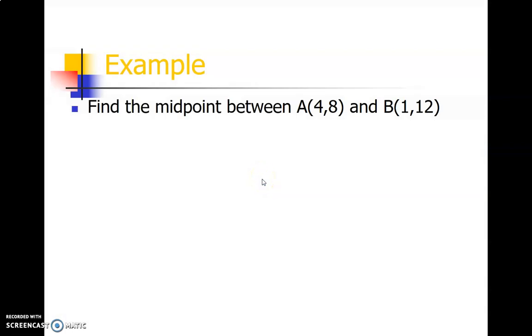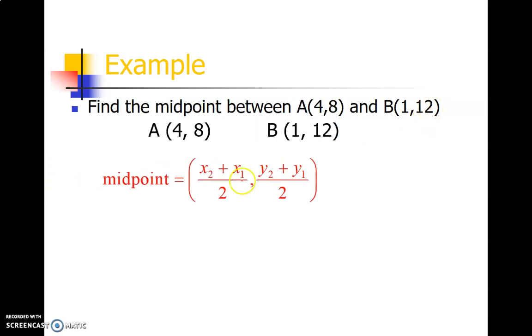Let's try an example. We have point 1 and point 2. What we're going to do is add the values of x and divide by 2. Therefore, x2 is 1, x1 is 4.